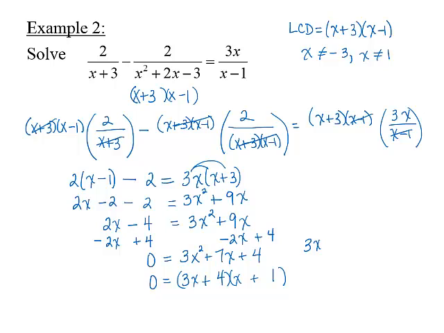So we get 3x plus 4 is equal to 0, which gives us 3x equals negative 4, or x is negative 4/3. Or x plus 1 is equal to 0, which gives us x equals negative 1. Neither of these are restrictions on the variable, so our solution set is negative 4/3, negative 1.